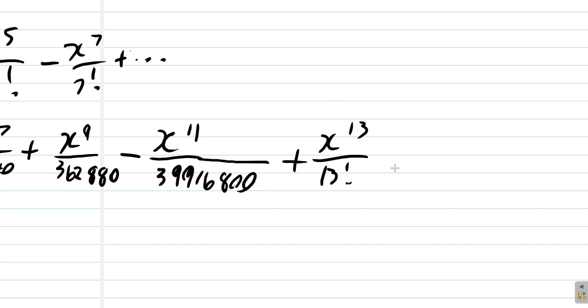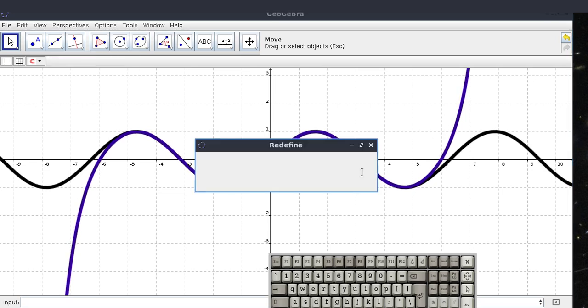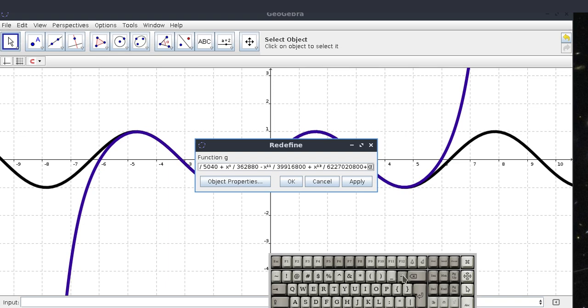Then minus x to the 15 over 15 factorial. So we have all of this, plus, no, it would be minus x to the power of 15 over 15 factorial.